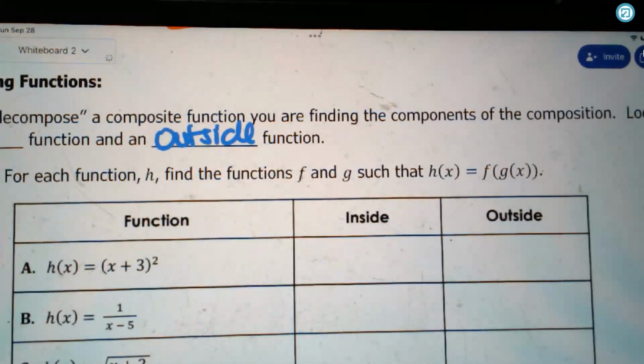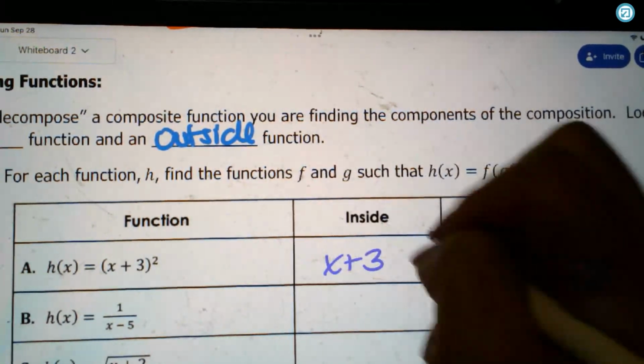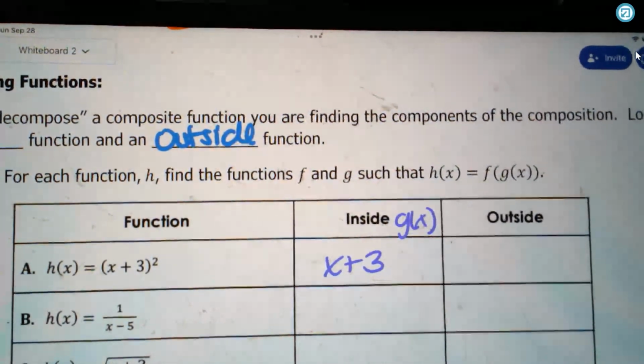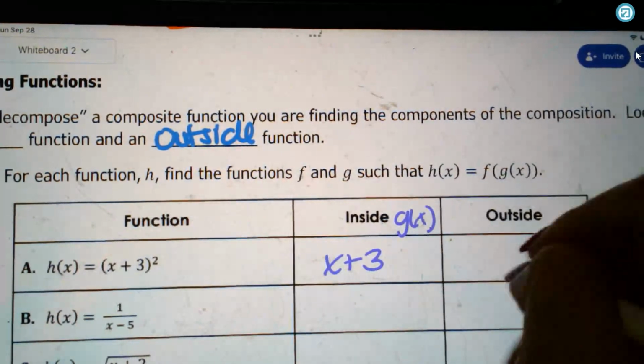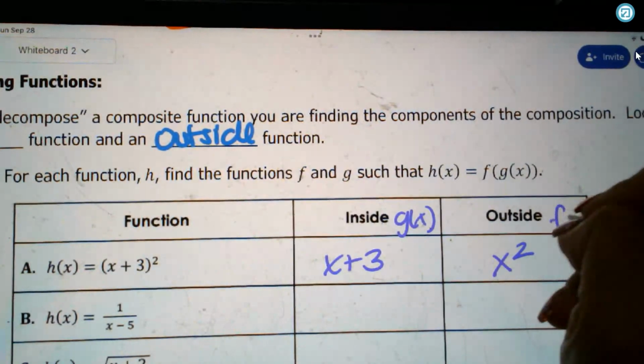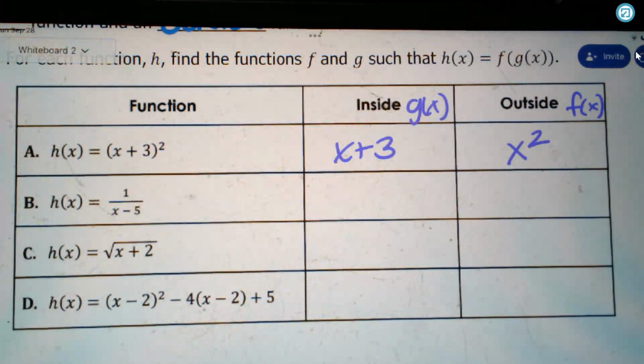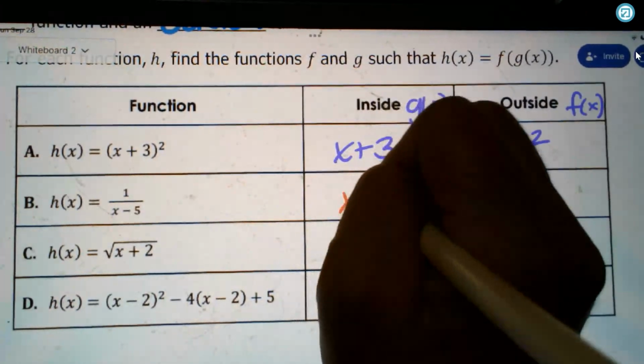So what would be inside here is going to be our x plus 3. So this is going to be our g. And then our outside is the entire thing squared. Okay, so our inside on letter B would be the x minus 5.